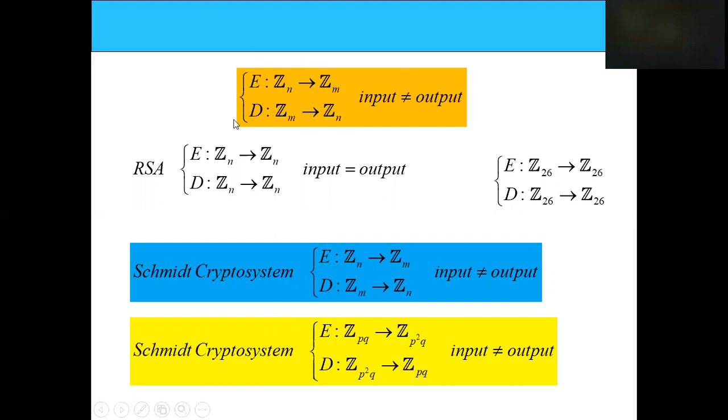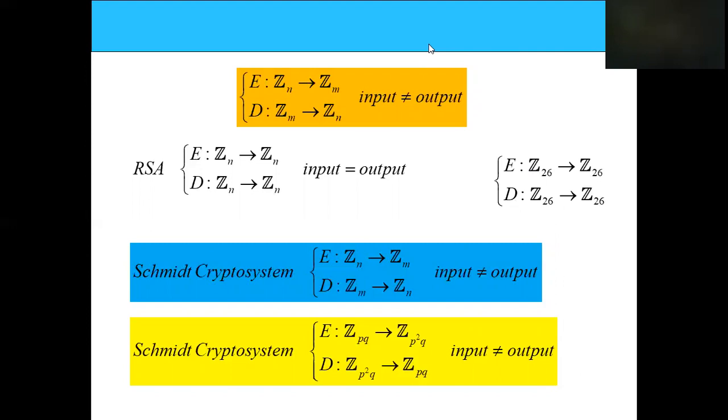In RSA, the encryption function is from Zn to Zn, and decryption is also from Zn to Zn. For example, encryption from Z26 to Z26 in RSA, and decryption is also from Z26 to Z26.